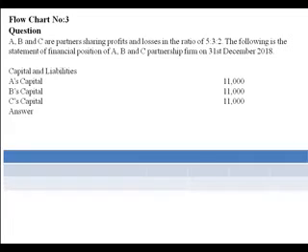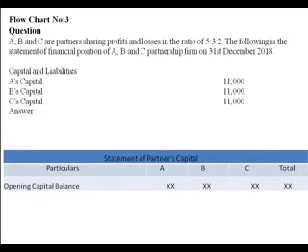So this will go to statement of partners capital. Opening capital, we write as opening capital balance. A amount 11,000, B amount 11,000, C amount 11,000. Then the total should be 33,000. This is where we are presenting. Now we are seeing the next slide.